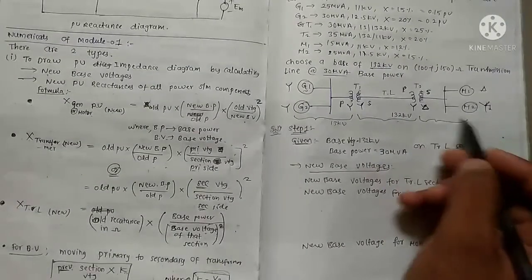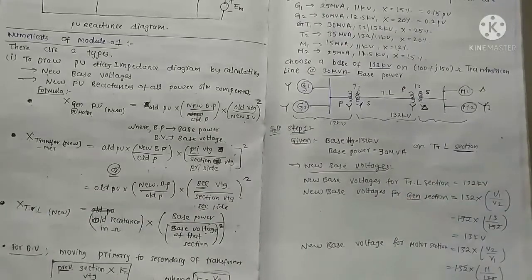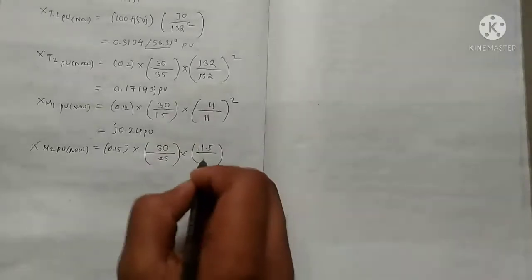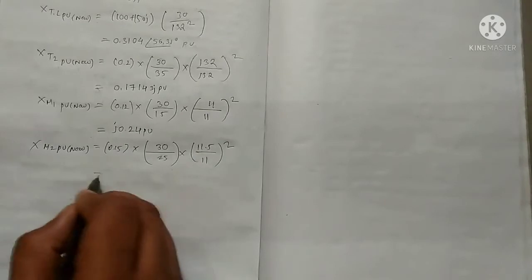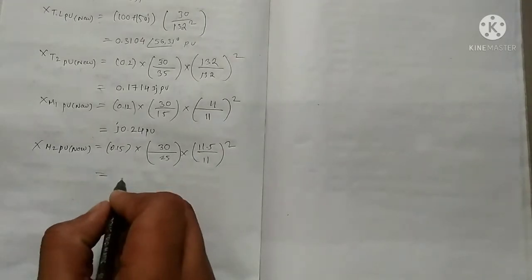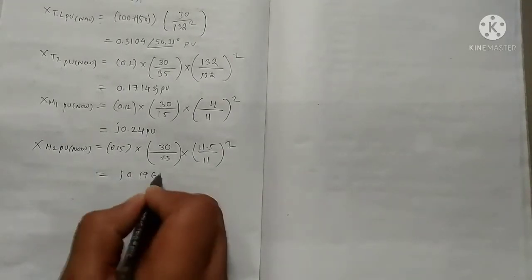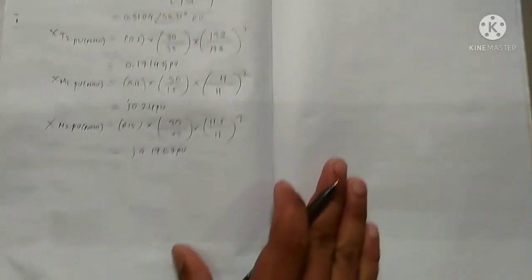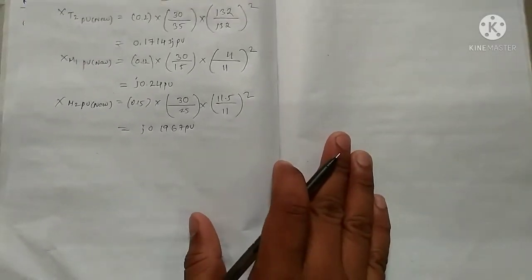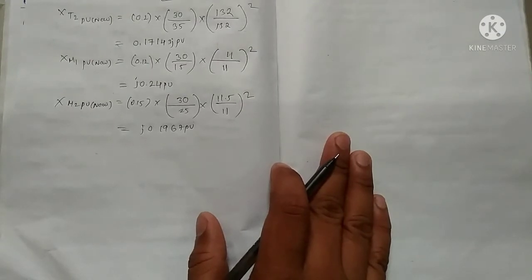M2 is related to this section voltage, already calculated as 11 kilovolt, whole square. We get the answer as 0.1967 pu. And finally we have calculated all the components of power system reactances.